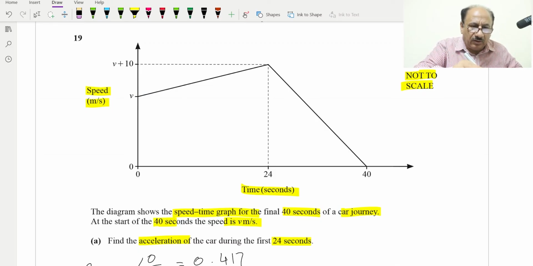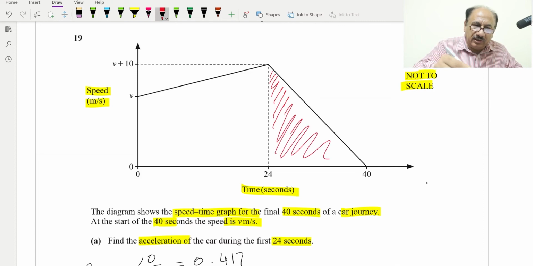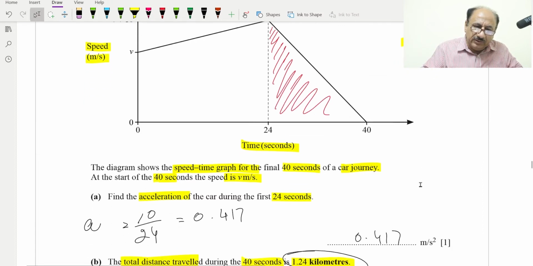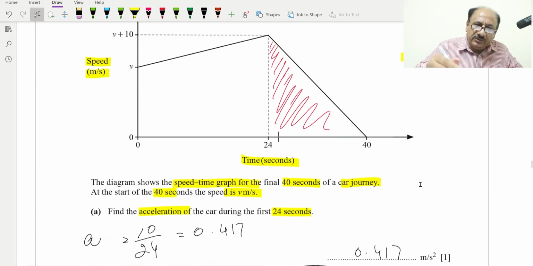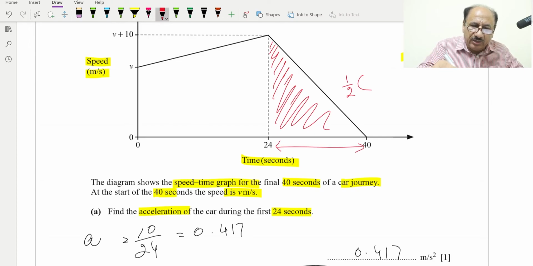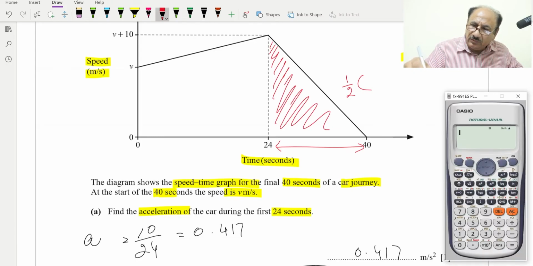So first of all, we can find the area of this triangle. Area of this triangle will be 1 by 2 into base, which is this length, 40 minus 24, equal to 16.